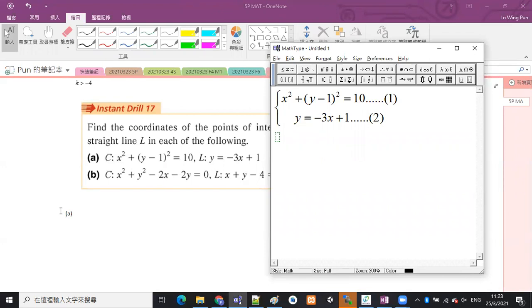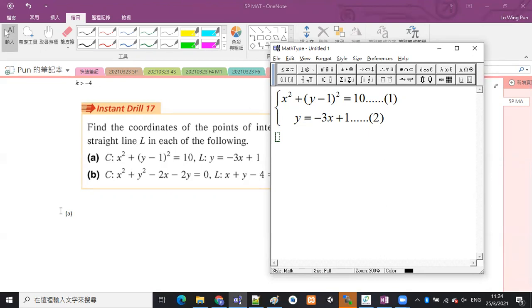Okay, and then we start solving the simultaneous equations, and the equation with no square term is equation 2, and in equation 2, y is already the subject of this equation, so we do not need to spend one more step to change the subject this time. Okay, so this is easier. We just need to sub 2 into 1.